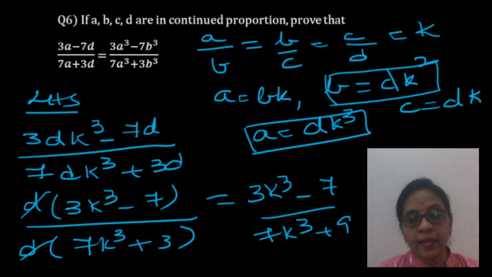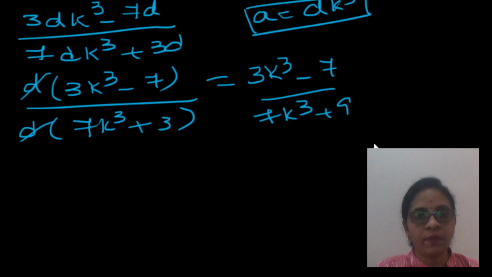Now we have to find the RHS and also show it is the same as the LHS. So what is the RHS given? It is given as 3a cube minus 7b cube by 7a cube plus 3b cube. So let me write the RHS. So RHS is 3a cube. A is what, children? dk cube.